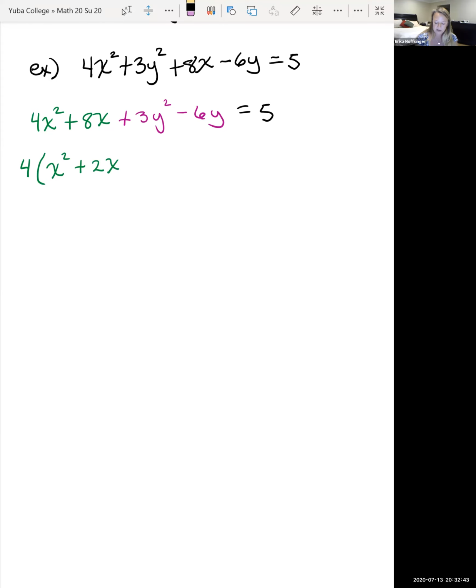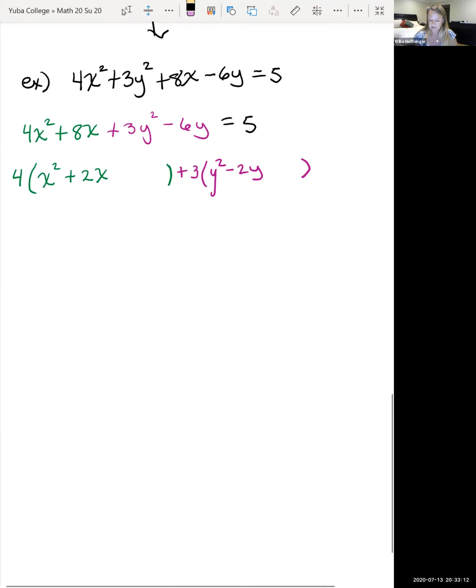A common error is that students want to factor out the variable x they share in common, and we don't want to do that. To make the coefficient 1 in front of the y squared, we're going to pull out a positive 3. Inside the parentheses, we're left with y squared minus 2y. We're going to leave some room here because we're going to add something to make this a perfect square. This is equal to 5.